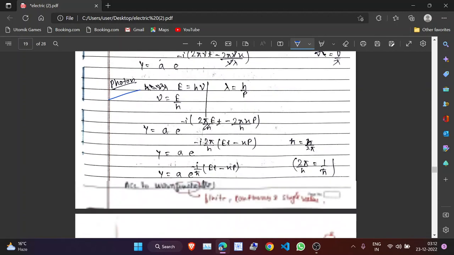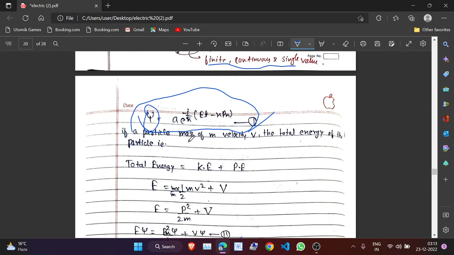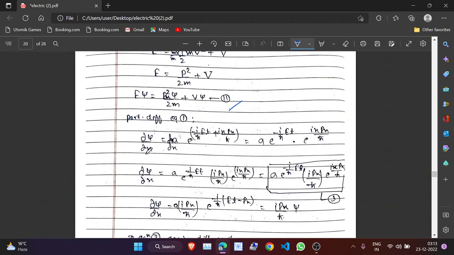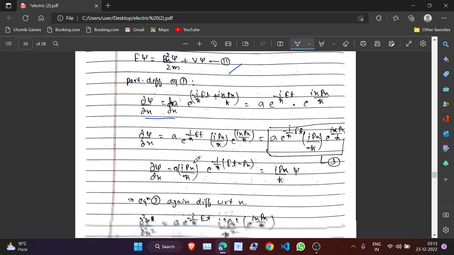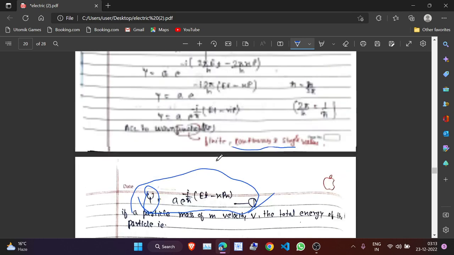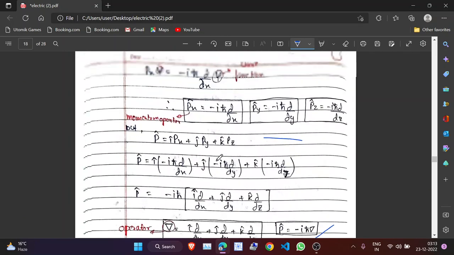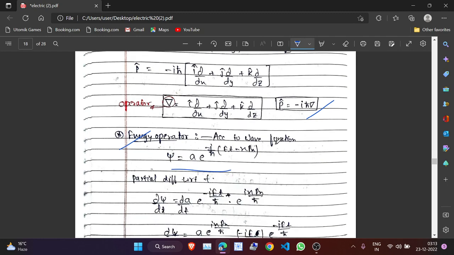We will partially differentiate equation 1 with respect to x. On partial differentiation we get the expressions we previously derived in the momentum operator derivation.